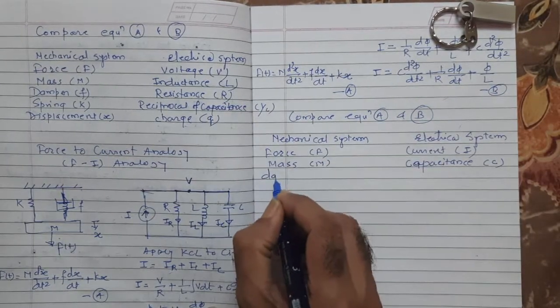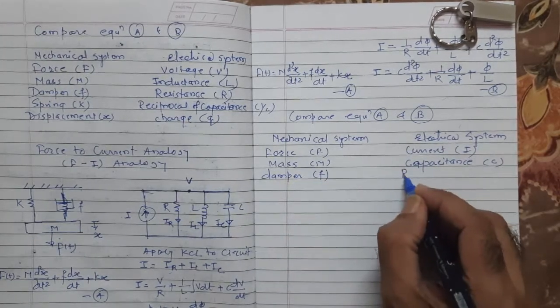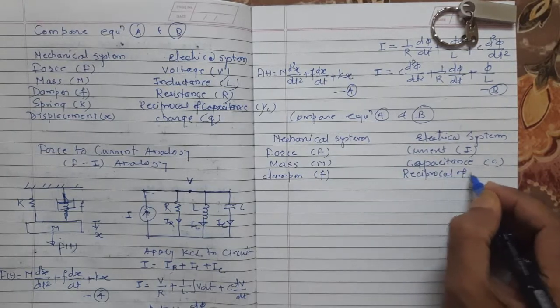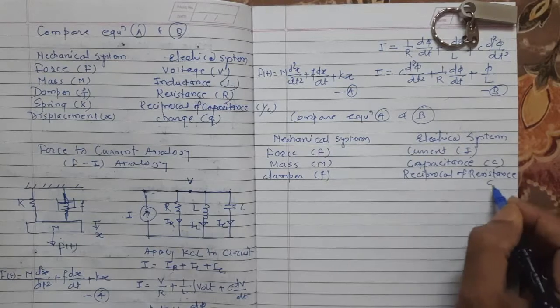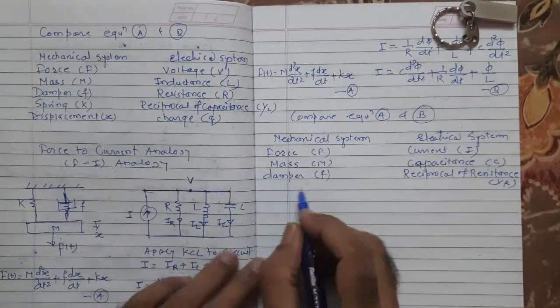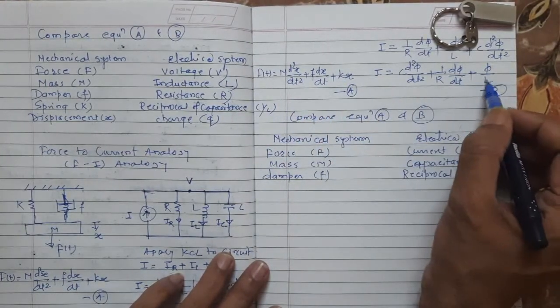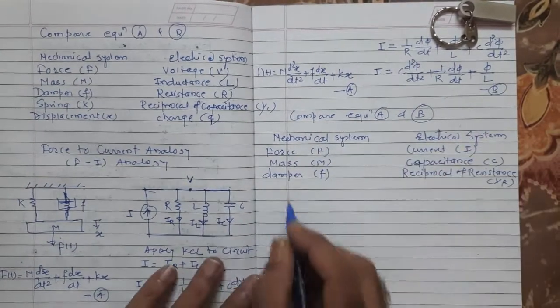Here is the damper, that is f, and here is the reciprocal of resistance, that is 1 by R. And here is K, and here is 1 by L. K is the spring and L is the inductance, that is the reciprocal of the inductance.